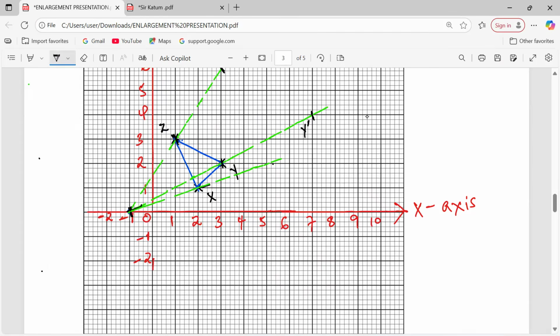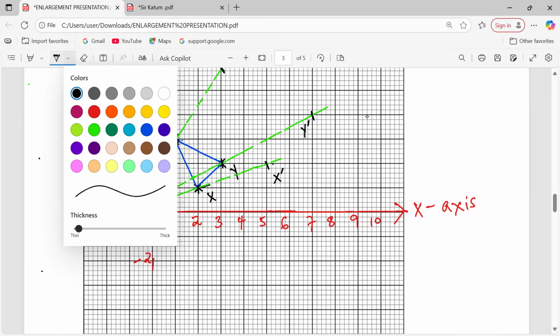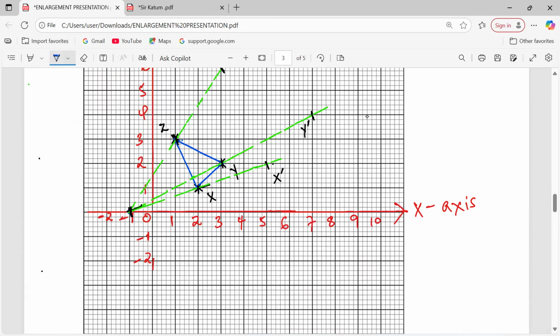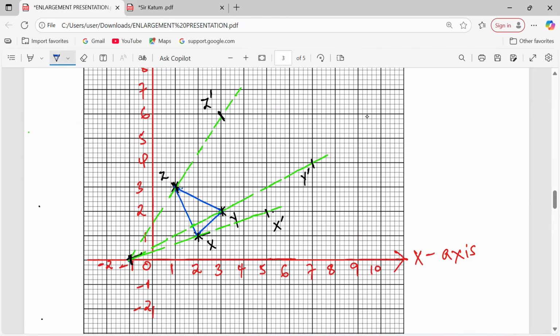Anyway, from the center now to point X, I'm moving another distance on the same side. The language of the same side becomes very crucial at this level. So this now becomes X prime, the image of X. After this, we can join X to Y to Z to come up with a triangle after enlargement.